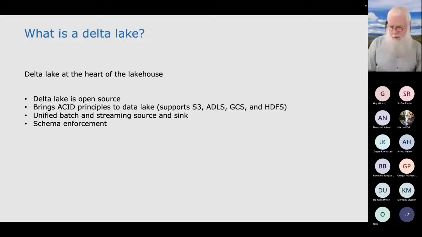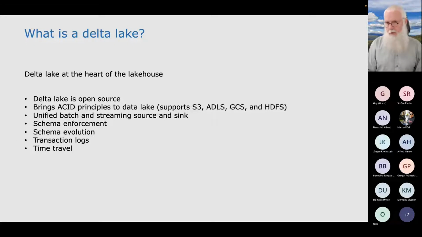It supports schema enforcement. It supports schema evolution, again, adding new columns, changing metadata of a column. It has transaction logs, which means that you can see what's happened to a row over time. That also allows you to do time travel, which means that you can jump back a while and see how that row has changed over, say, the last week, the last month.